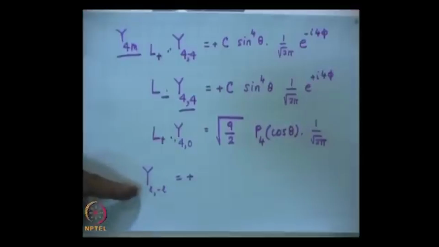But once we have chosen the sign of Y_L,-L, then the remaining signs are automatically fixed by the use of ladder operators. So, this concludes the recipe for obtaining the spherical harmonics.